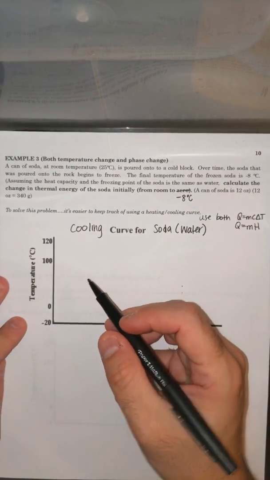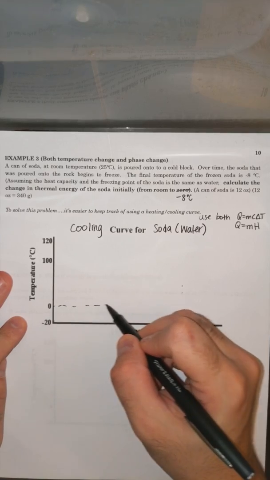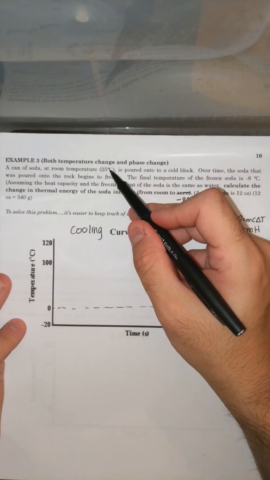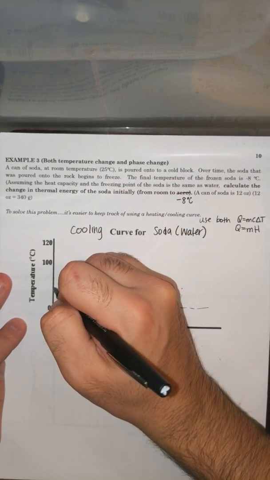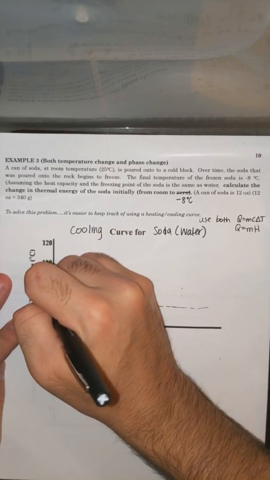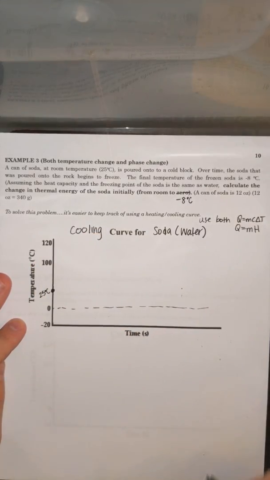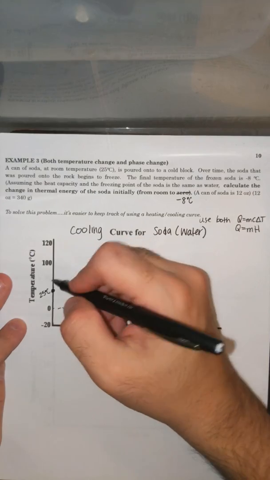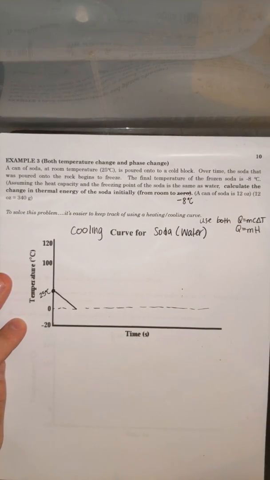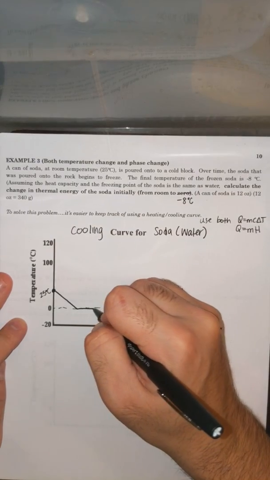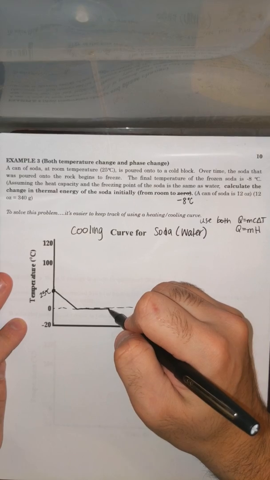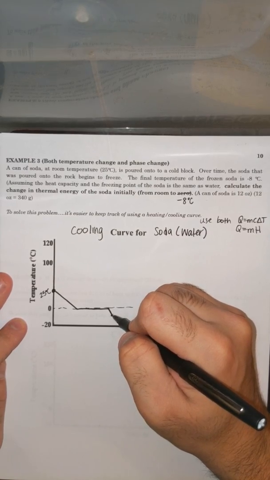We're going to make a note that 0 is going to be very important for us here. It starts at 25 degrees Celsius, so I'm going to be right down here. It cools, and then eventually it hits 0 and freezes, and then it goes to -8, which I'm going to say is right here.